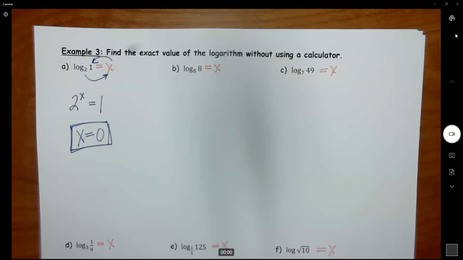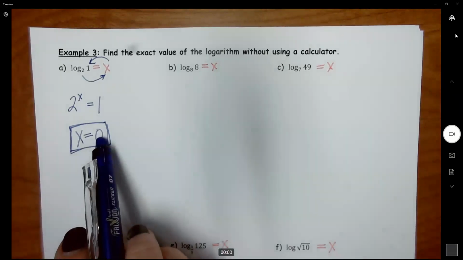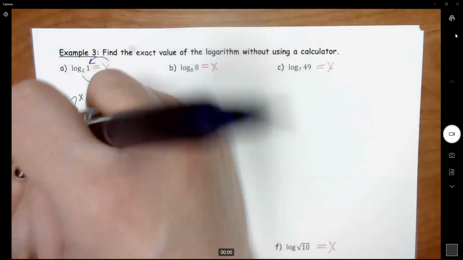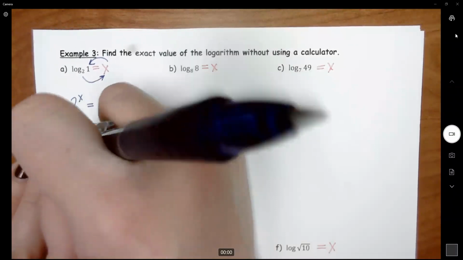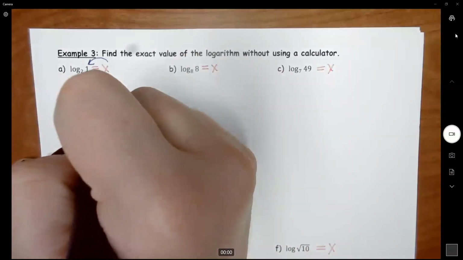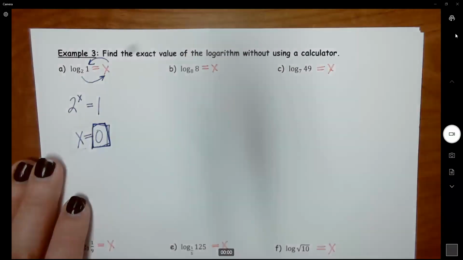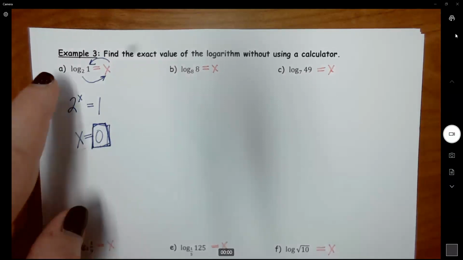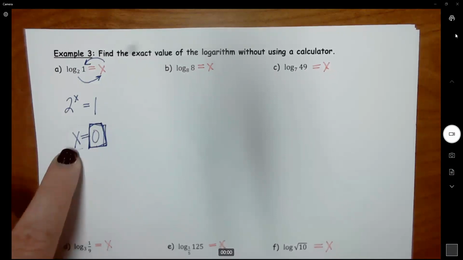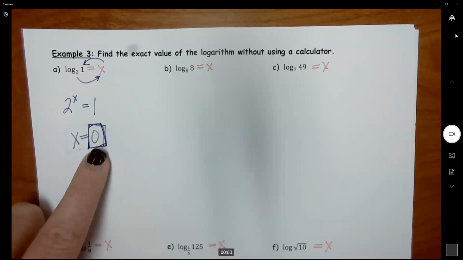Now, I kind of made a little bit of a mistake here. I put x equals 0, but this actually isn't an equation. So my answer is actually just 0. If you put log base 2 of 1 in your calculator, you get 0. So all of these, I'm going to be solving the equation that I made, but the answer is just the number here.